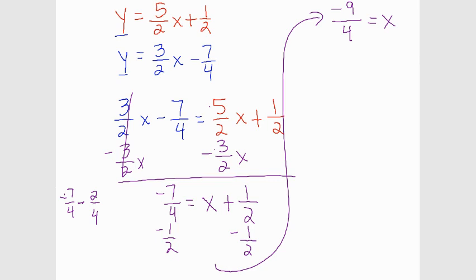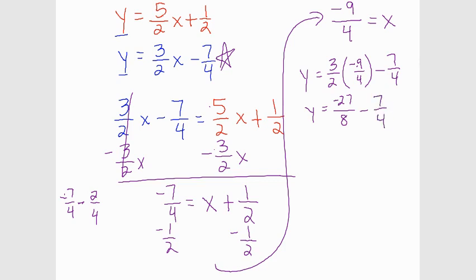Let's go ahead and plug that back in. I'm going to use this one because I can see it's got fourths in it. So y equals 3 halves times negative 9/4 minus 7 over 4. 3 times negative 9, that's negative 27, and then 2 times 4 is 8, minus 7 over 4.